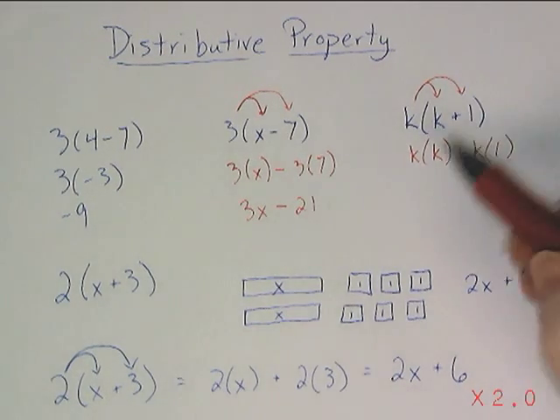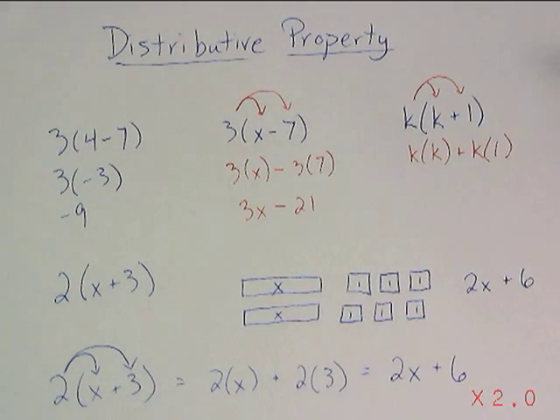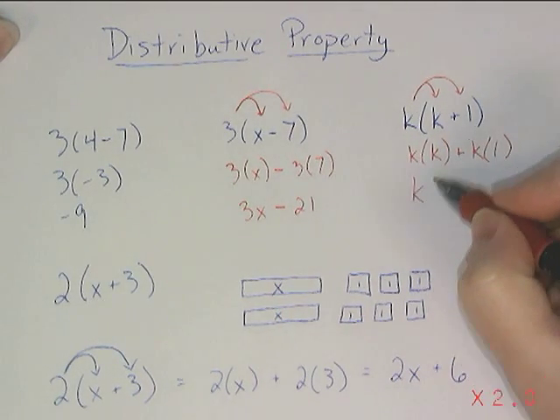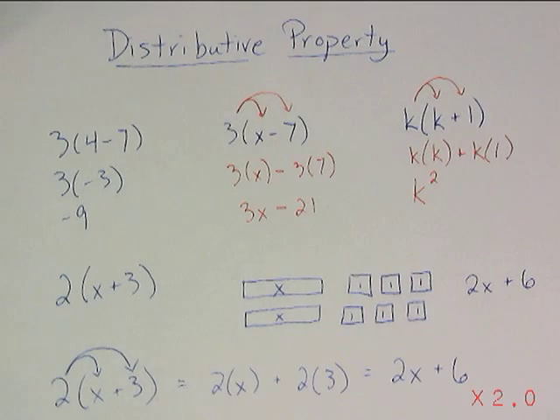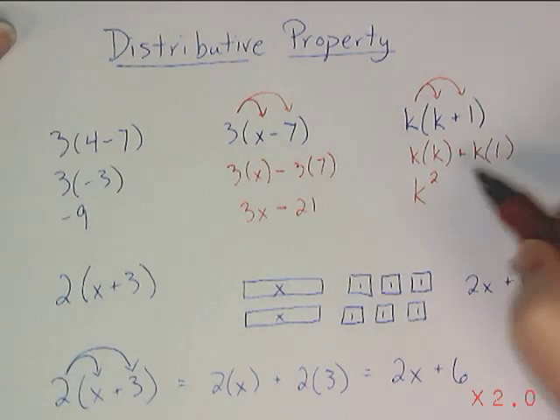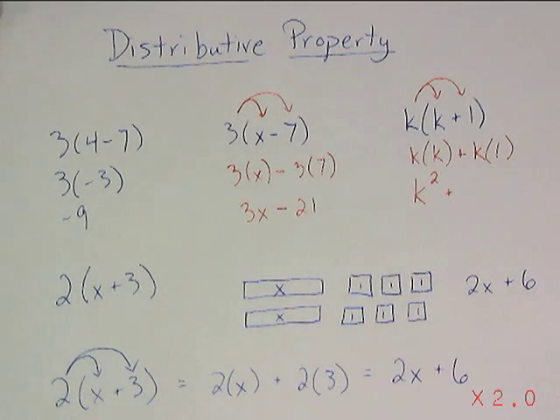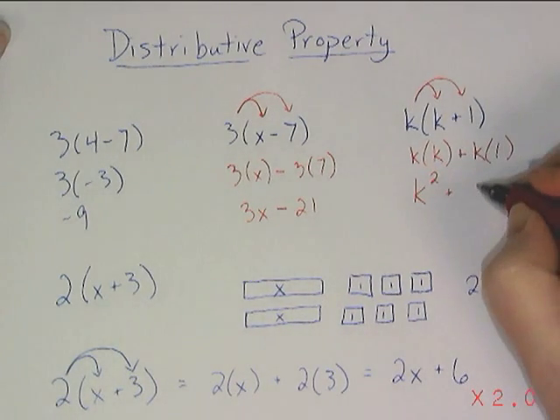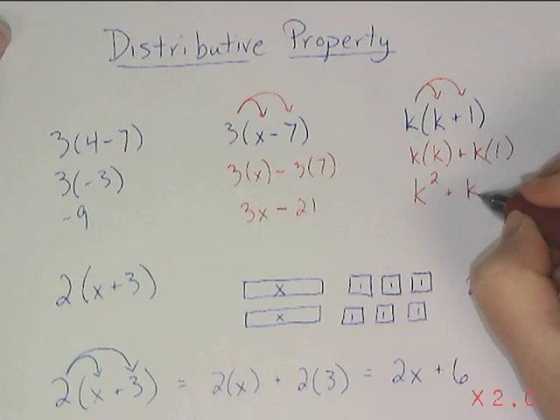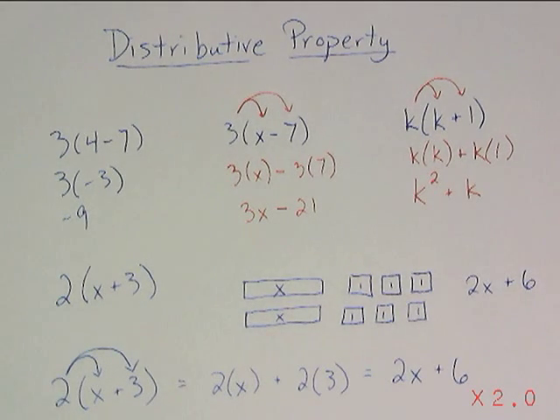What happens when I multiply k times k? Well, any value multiplied by itself can be represented as that value squared. So k times k gives us k squared. Plus k times 1 gives us 1k, which hopefully we remember is the same thing as just the letter k.